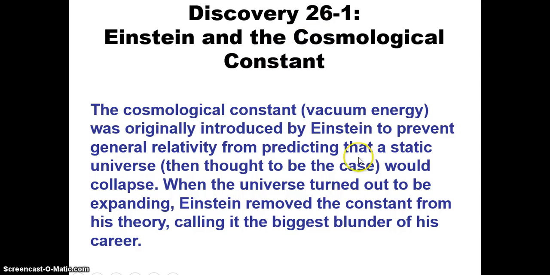It's a symbol, I think he used lambda. What this cosmological constant was, sometimes we call that in science a fudge factor. It's completely bogus. It was something he threw into the equations to make the solutions come out static and not come out dynamic.